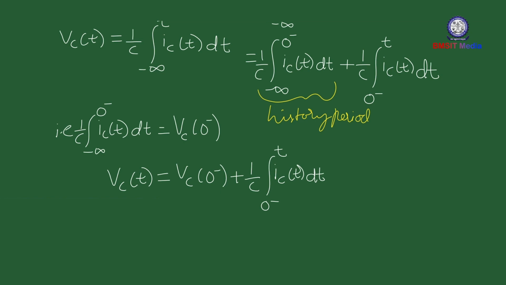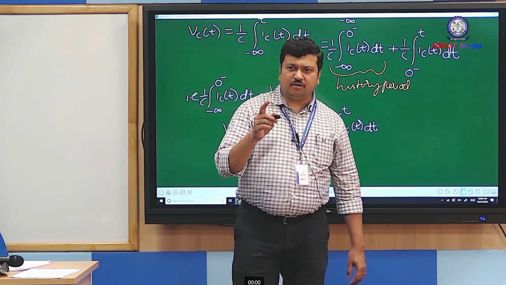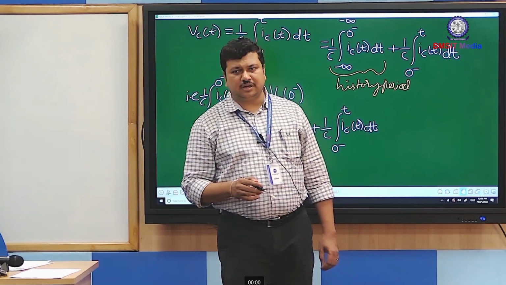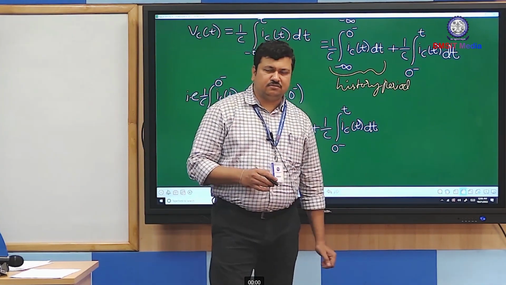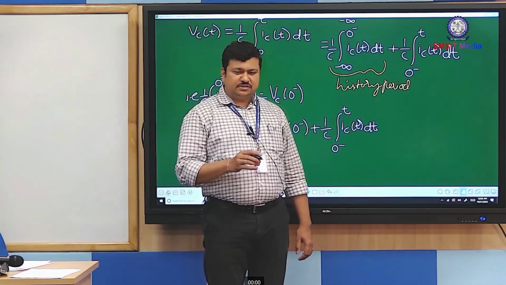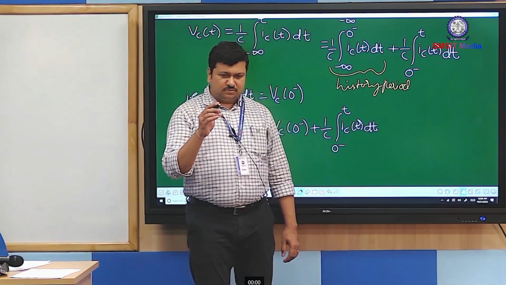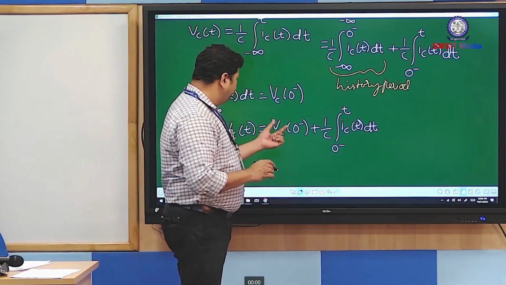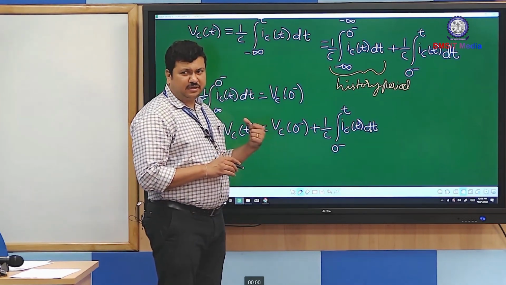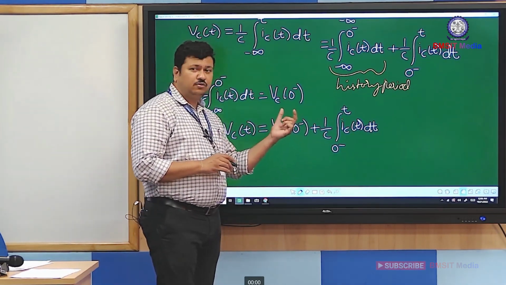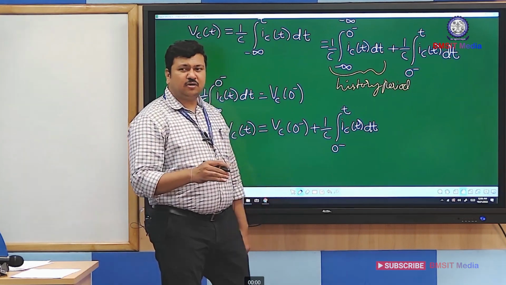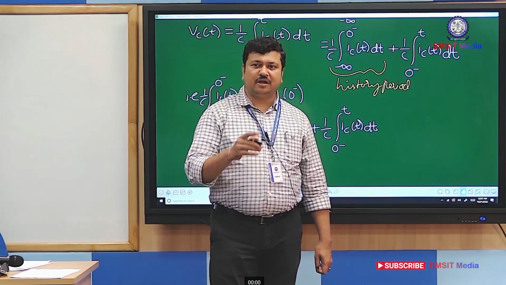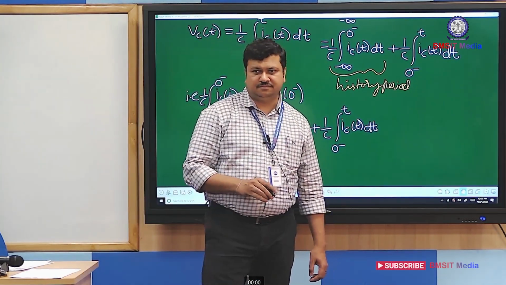We have seen the condition of the operation of the capacitor at steady state: the capacitor acts as an open circuit under steady state condition. I have the initial condition Vc of 0 minus. Now I want to know what the operation of the capacitor is at the switching condition.